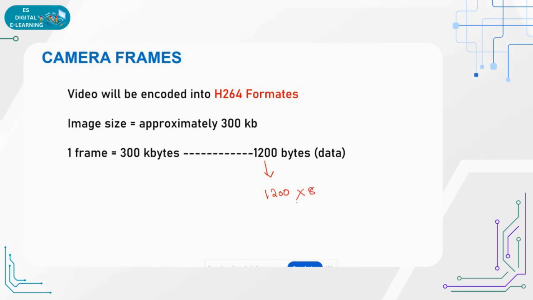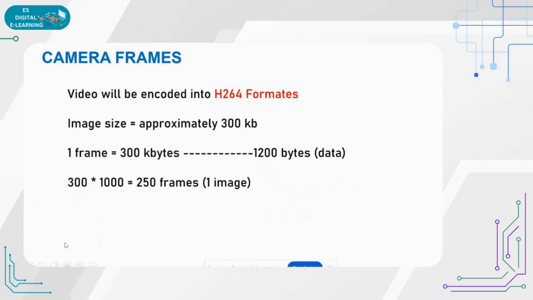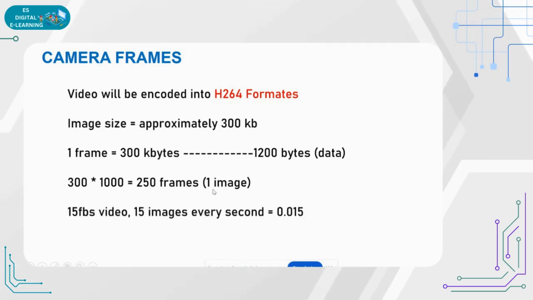Into 8, right? Is it okay, right? This is this many bytes of data that we are transferring. Okay, so if you count it, you will get the answer. So here 300 into 1000 is 250 frames. That is one image it is capturing. Okay, just a small calculation for this.